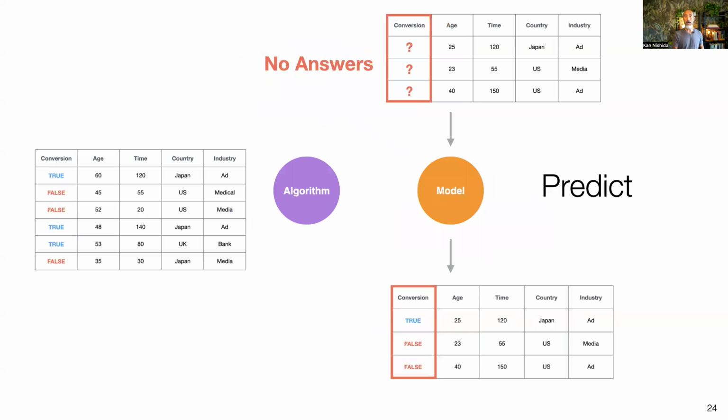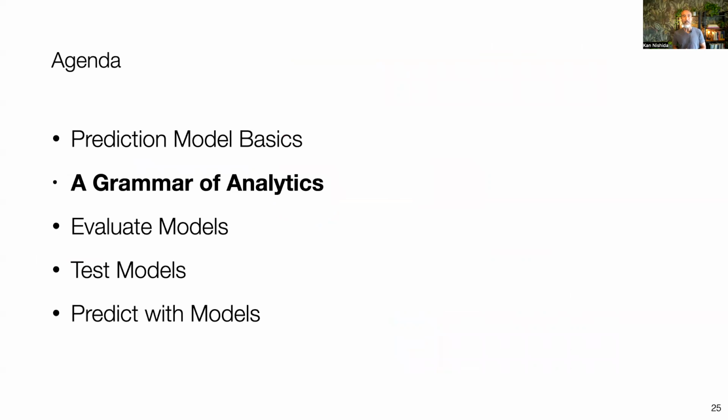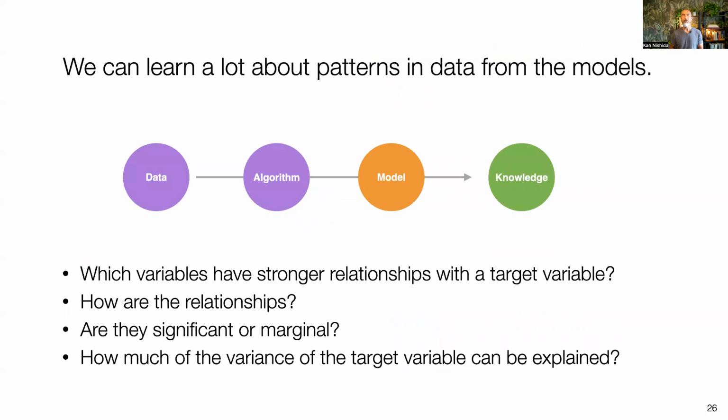Either way, once you have the model, you can feed in new data, data that doesn't have the answer, and the data goes into the model. The model will return the answer for each row, in this case each customer. Okay, so that's the nutshell of how the prediction model works. And then here's the grammar of analytics.